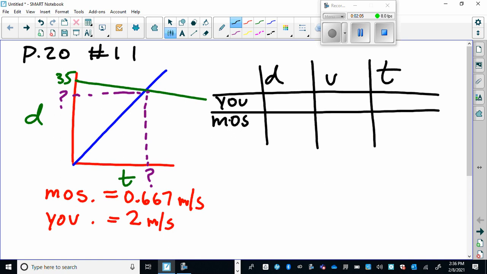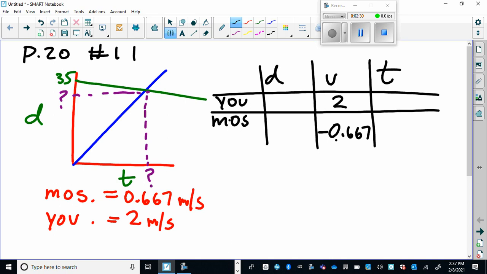For you, your velocity is 2 meters per second, so that's pretty obvious. The mosquito's velocity is also obvious, 0.667, but you have to acknowledge that you're going in opposite directions. So one of you has to be negative. We'll call the mosquito negative. And then let's look at the displacements. We have no information for time.